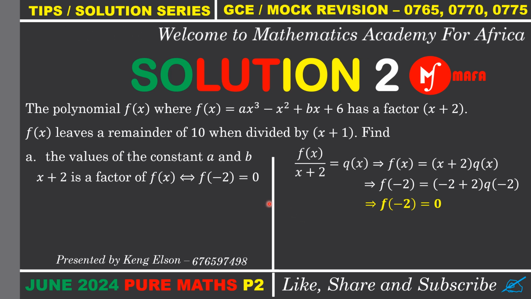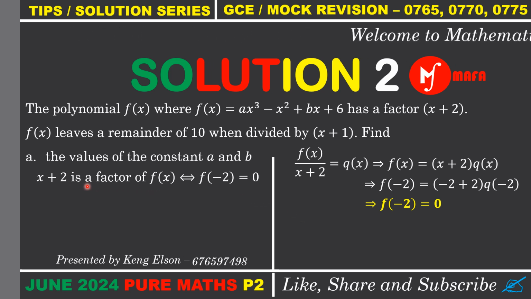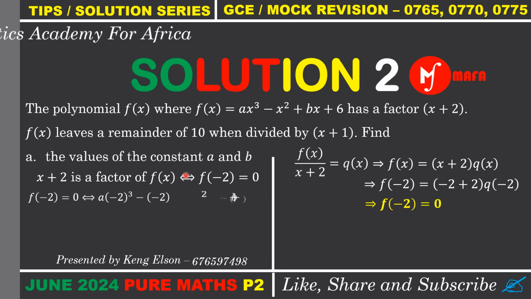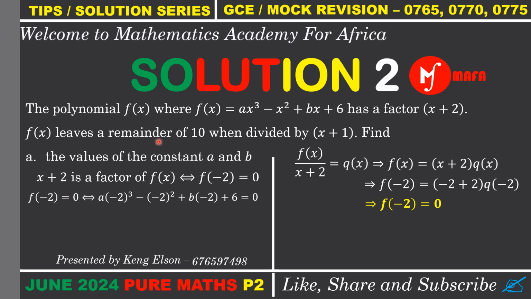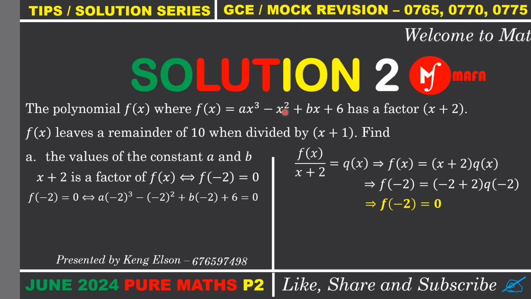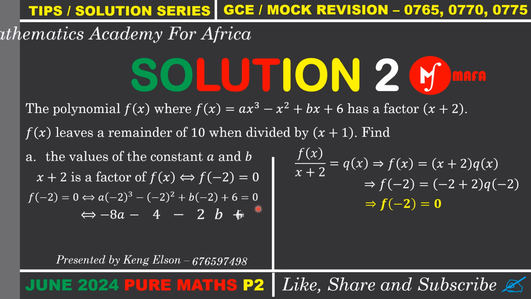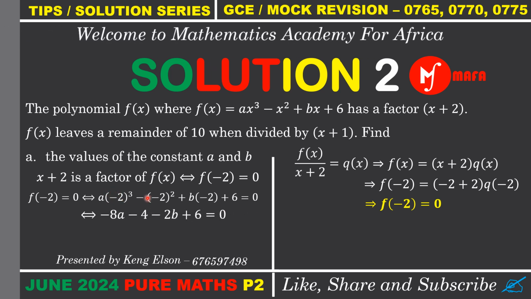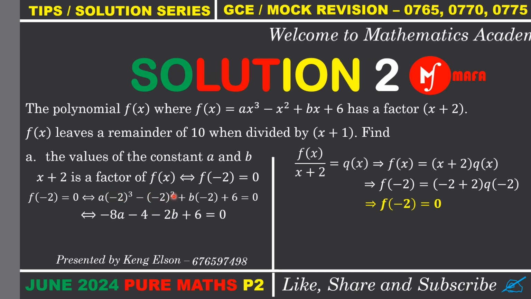All right, so having in mind that x plus 2 is a factor, so f of negative 2 is equal to 0, we just have to do substitution. f of negative 2 is equal to 0 if and only if we have a times negative 2 cubed minus negative 2 squared plus b times negative 2 plus 6 is equal to 0. Simplifying, we have negative 8a minus 4, because negative 2 squared is 4, but the negative sign makes it negative 4.